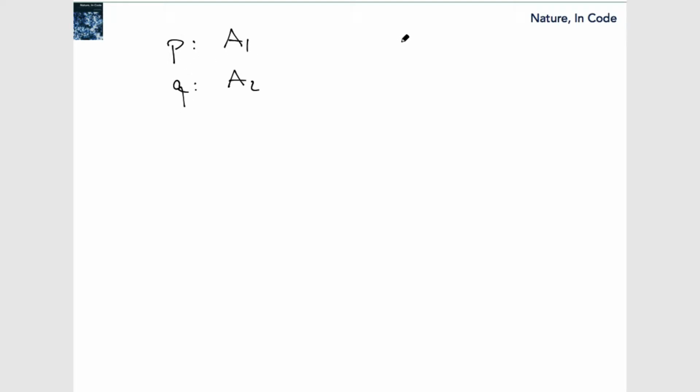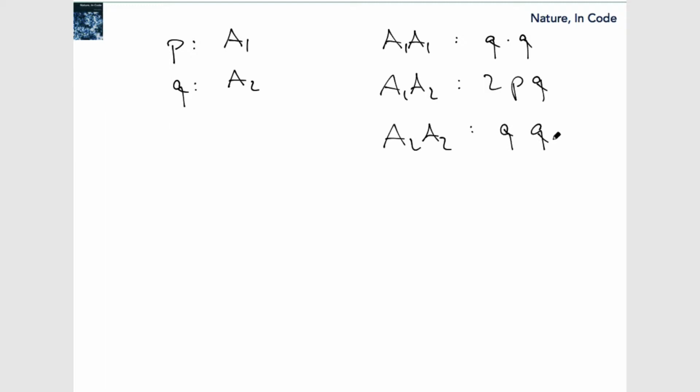And we will get these Hardy-Weinberg frequencies for the genotypes. So A1A1 would be P times P, the A1A2 would be 2PQ, and A2A2 would be Q times Q. So that was Hardy-Weinberg.